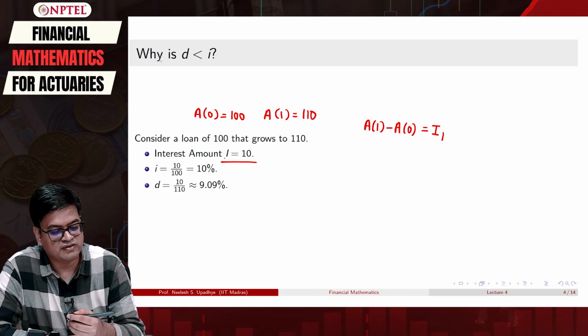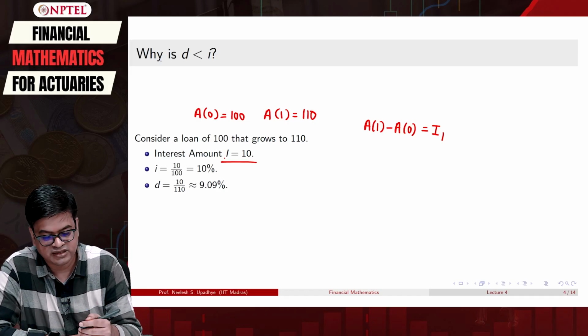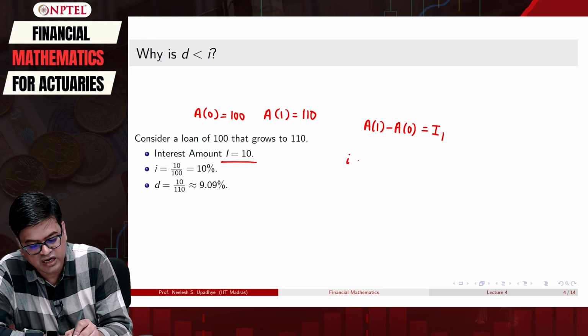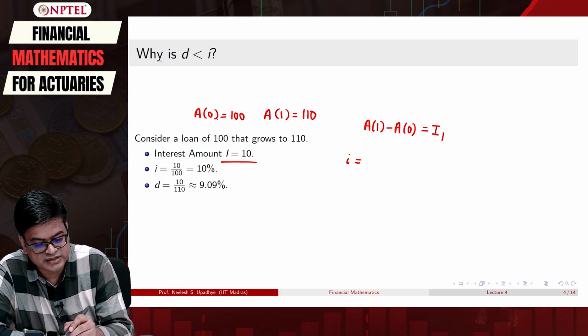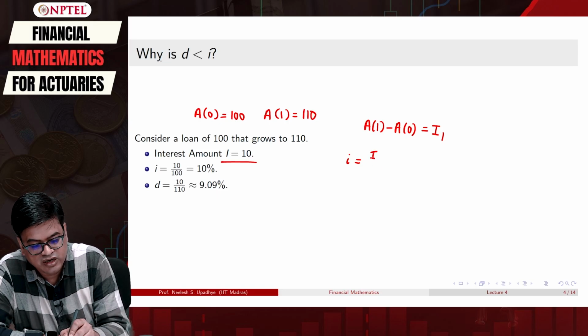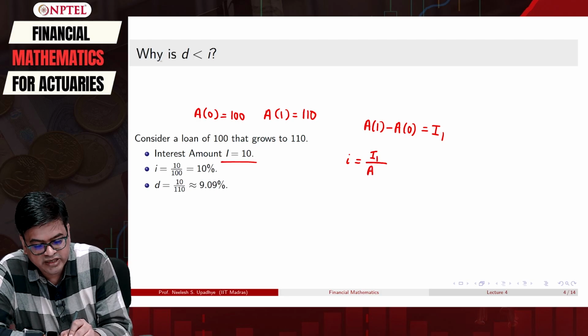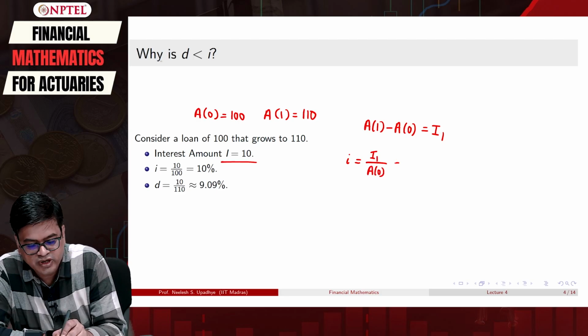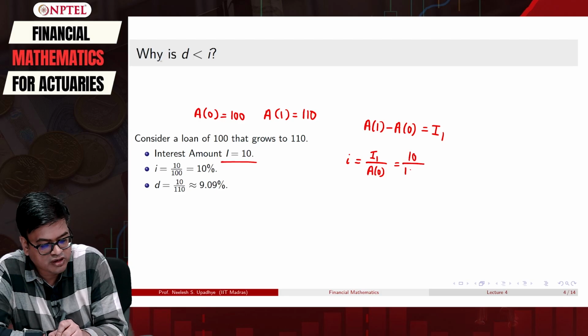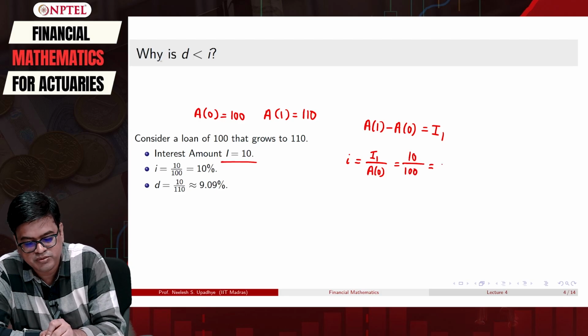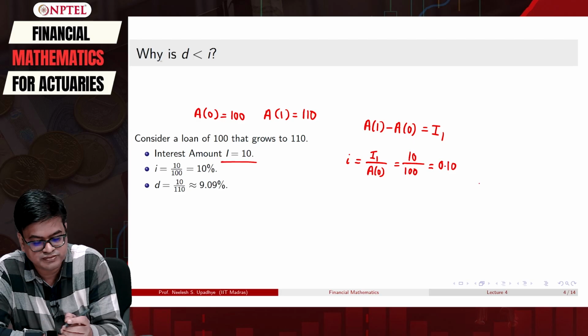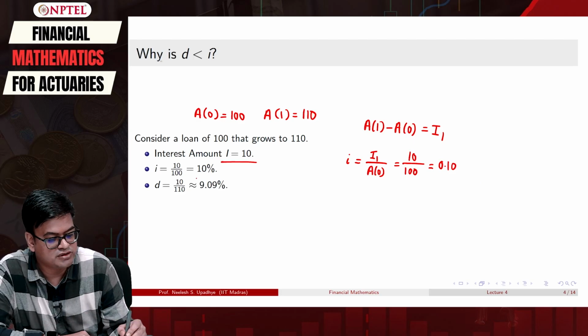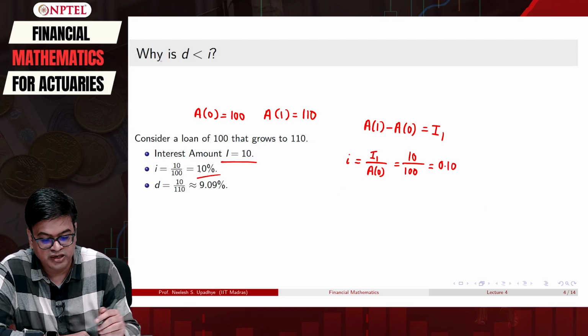So when I calculate the interest rate, as per our convention I will use the starting capital, which is A0. So I will have I1 by A0, that will be equal to 10 upon 100, which will be 0.10, which will be 10%, correct.